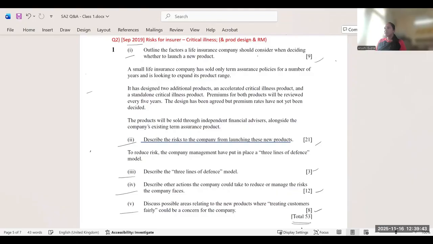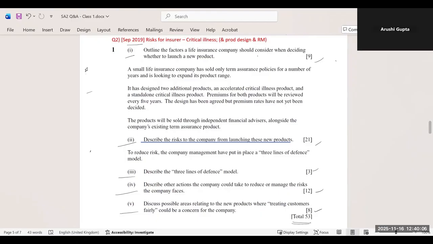The first part says outline the factors a life insurance company should consider when deciding whether to launch a new product. It's for 9 marks. Then they say that a small life insurance company has sold only term assurance policies for a number of years and is looking to expand its product range. It has designed 2 additional products, an accelerated critical illness product and a standalone critical illness product.